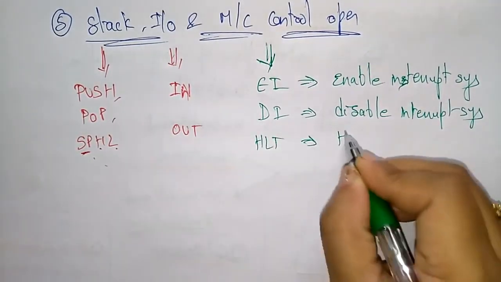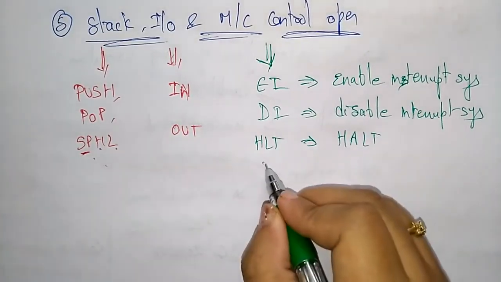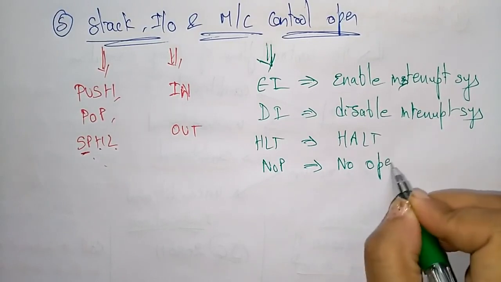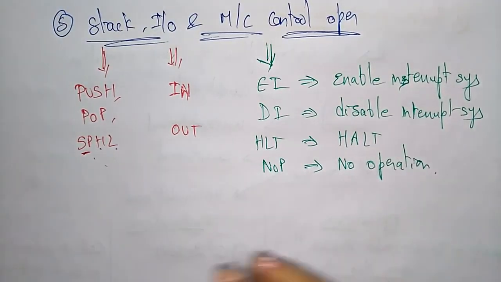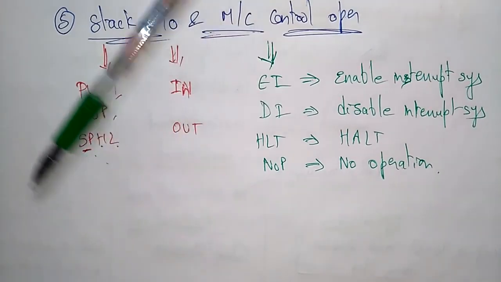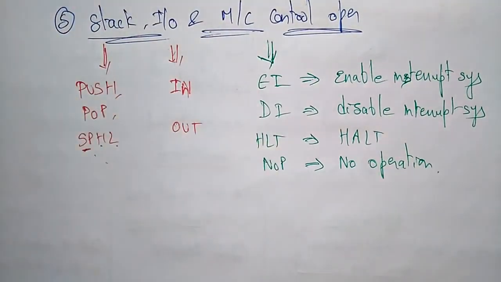HLT halts the operation. NOP means no operation. So these are the different stack, input, output and machine control operations used in the 8085 instruction set.